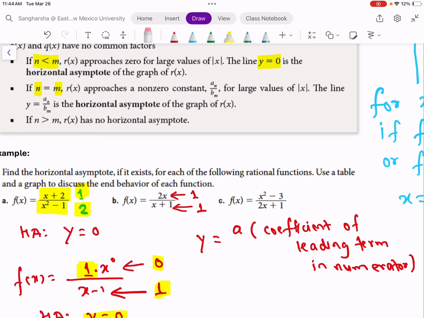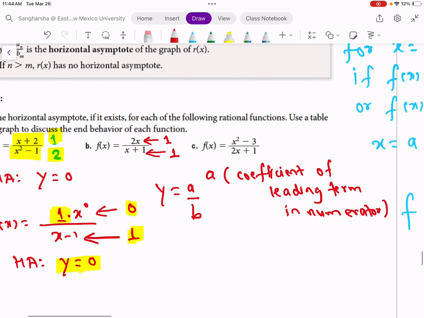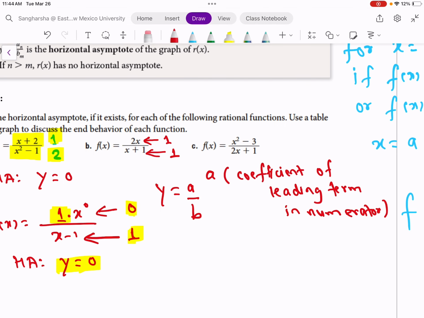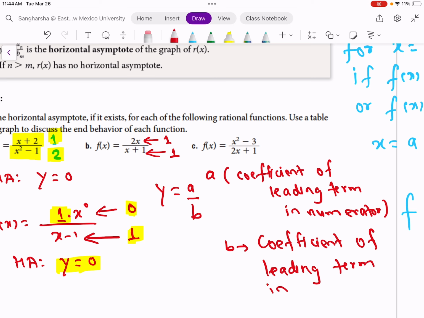So we have y equals a divided by b, and b is the coefficient of the leading term in the denominator.